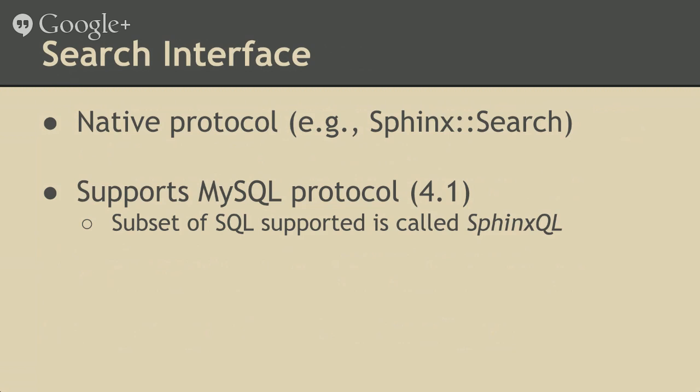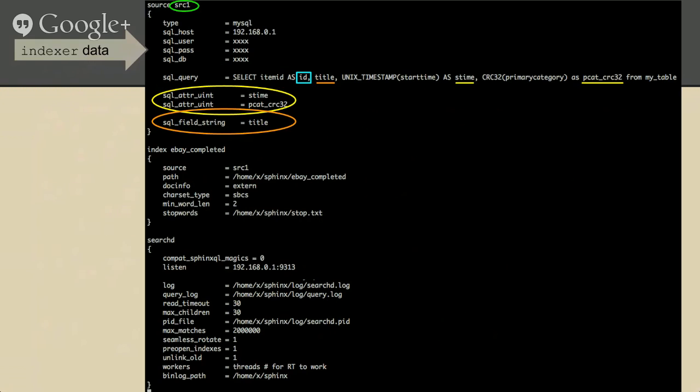And it actually even supports insert, update, these sorts of things. And when you issue those through the MySQL protocol to the searchd, you can actually modify the index that's inside of that's running. So you can kind of dynamically update it if you want, or modify it.